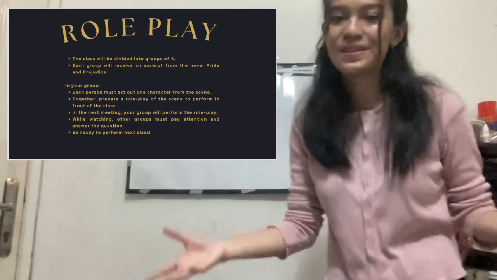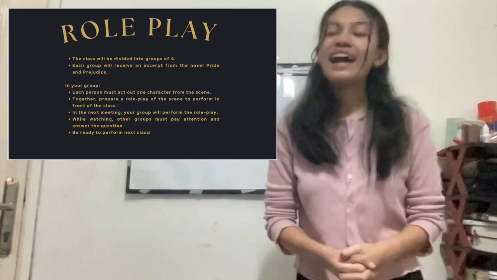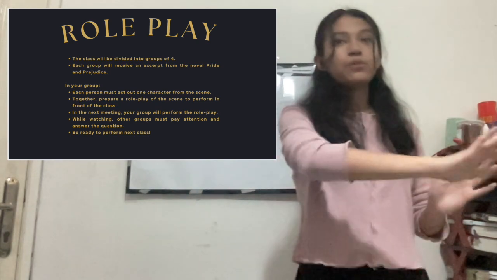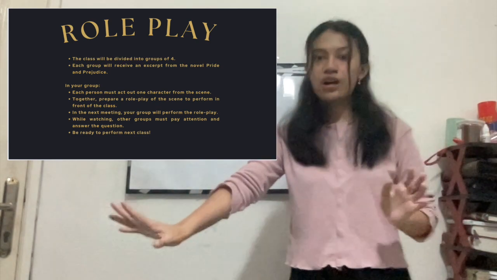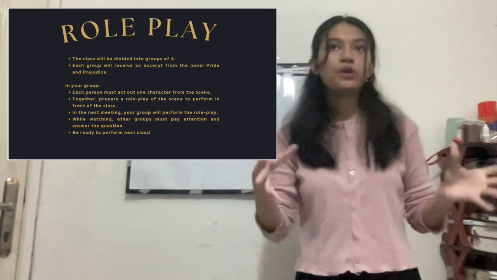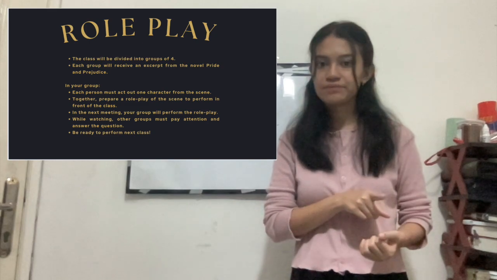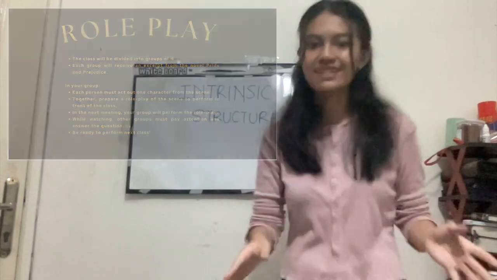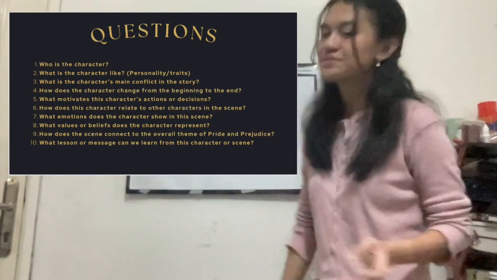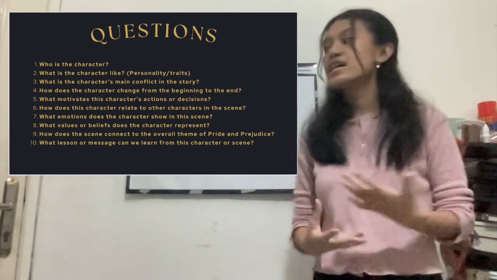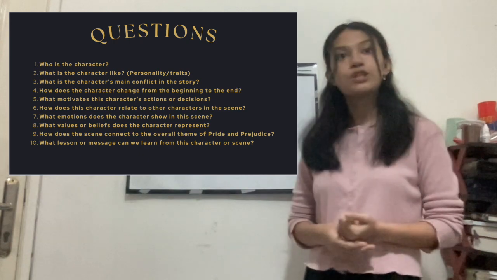Right? So you guys are going to be actors. And while acting the scene in front of the class, the rest of you that are not presenting are going to pay attention because you're going to answer some questions. What are the questions? Here are the questions. So you must really pay attention to your friends and answer the questions.